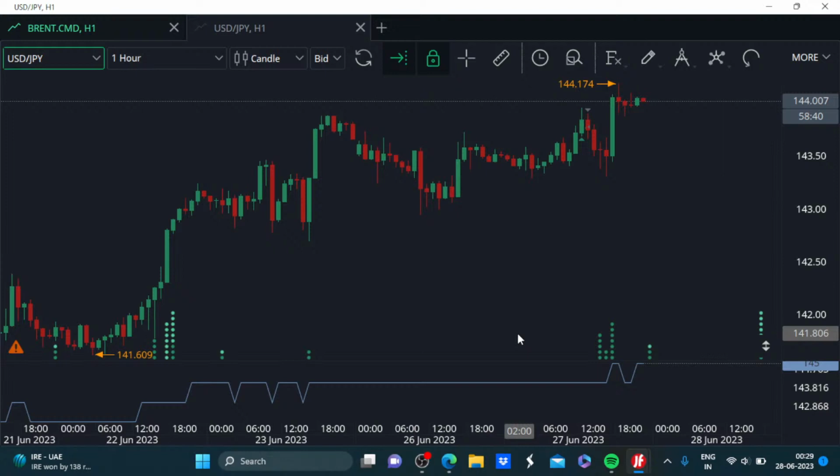Now, when we are looking at USD/JPY, we are seeing that its ceiling is increasing gradually on the upside.